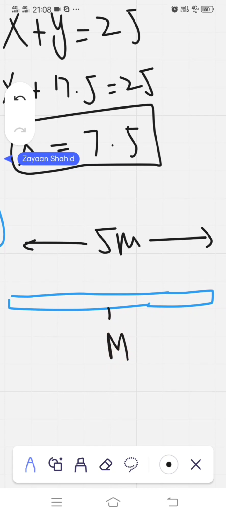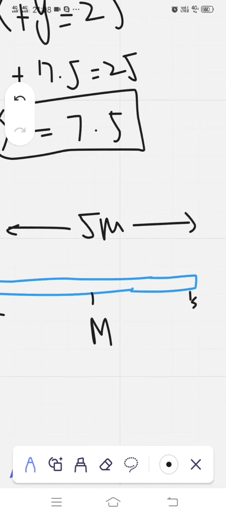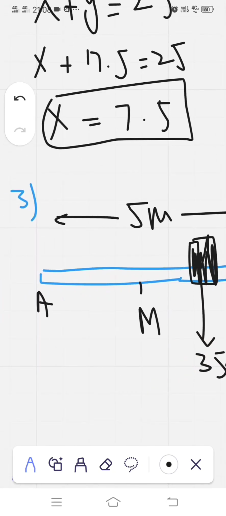Now Jack has a mass 35 kg, so the weight will be in the downward direction. As this is the AB, for example, this is the Jack, and 35 G is the weight in the downward direction.